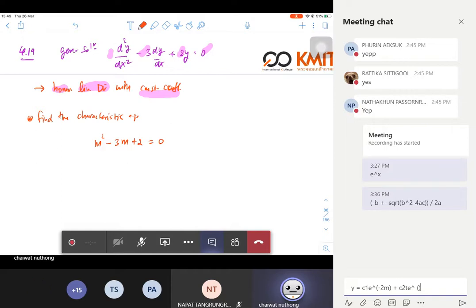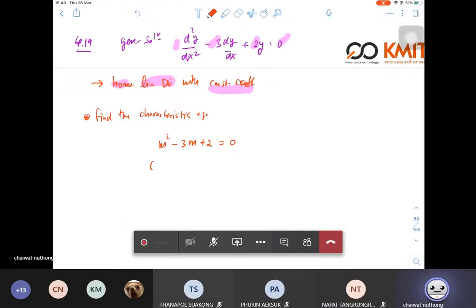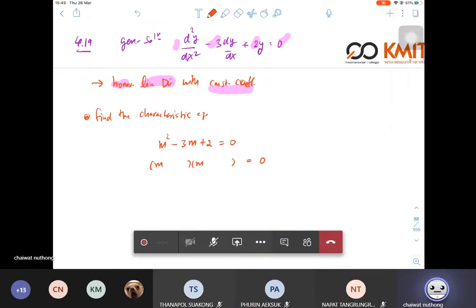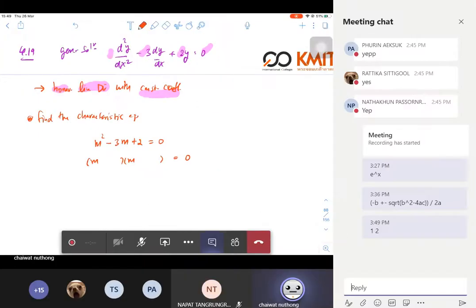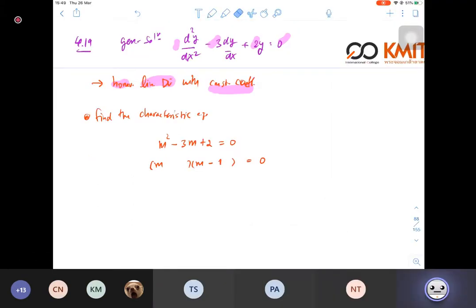Again, high school math, 1 and 2. So how did they get 1 and 2? You need to take the factors of that equation. You have m times m, and then -1 and -2.